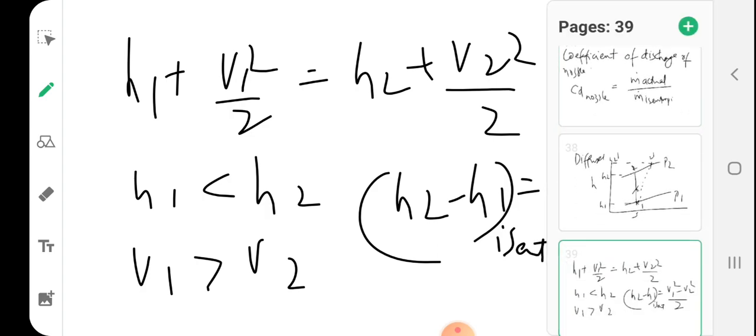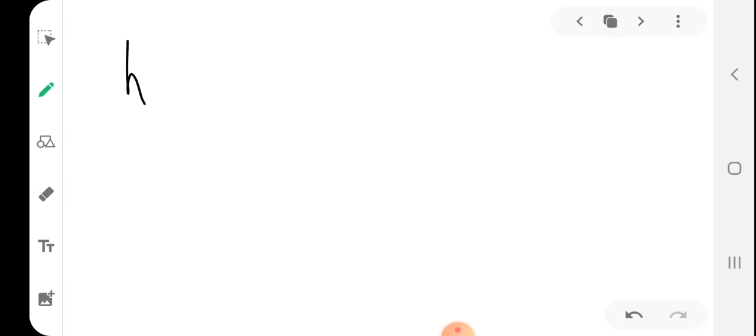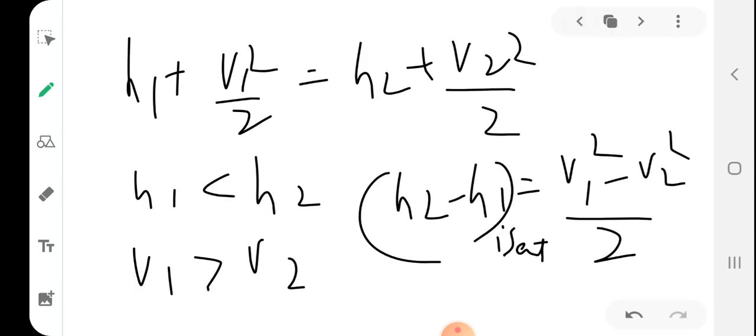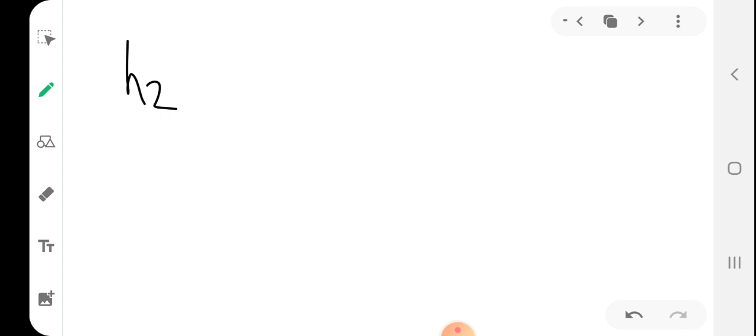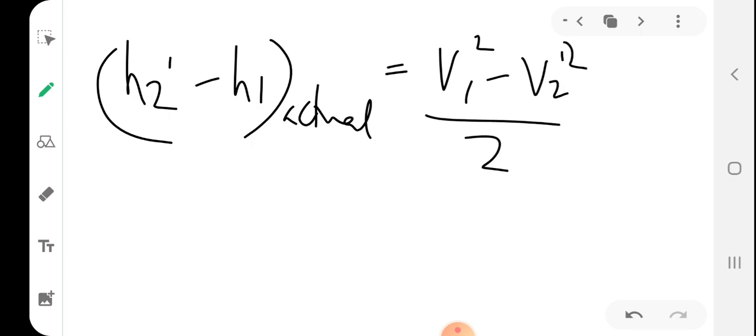In the actual case, H2 dash minus H1 equals V1 square minus V2 dash square by 2.